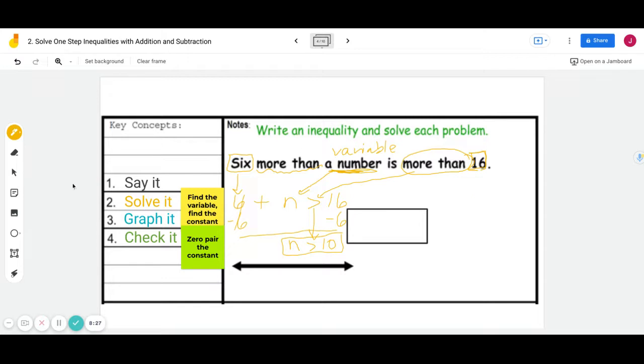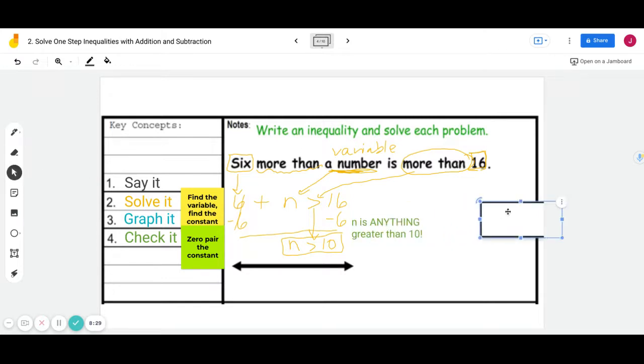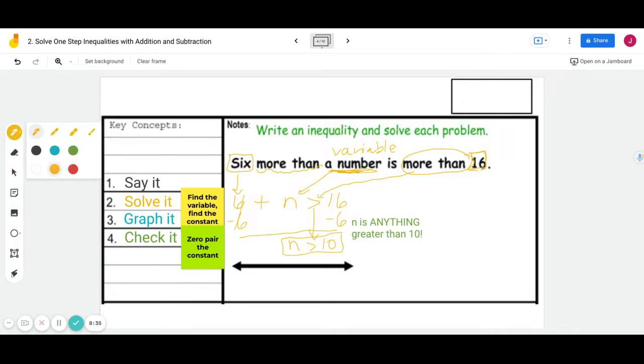What that answer means is n is anything greater than 10. So 10 is our target number. Greater than 10 is 11, less than 10 is 9. It says n is greater than 10, that will be an open circle, and greater than 10 is to the right.